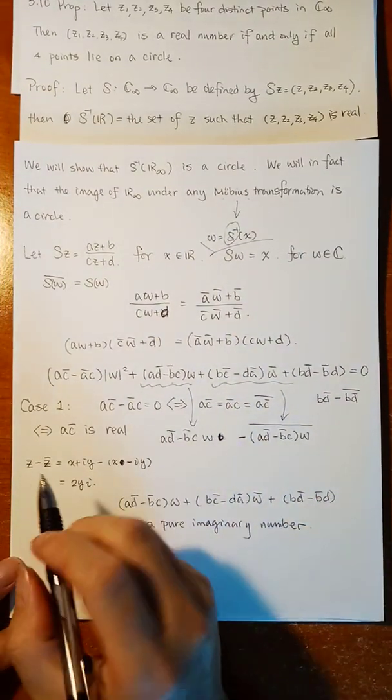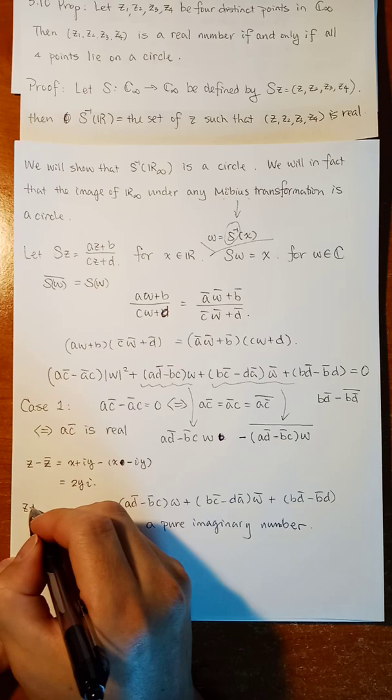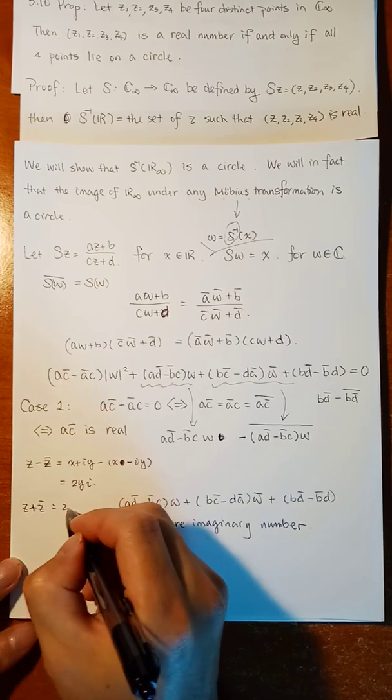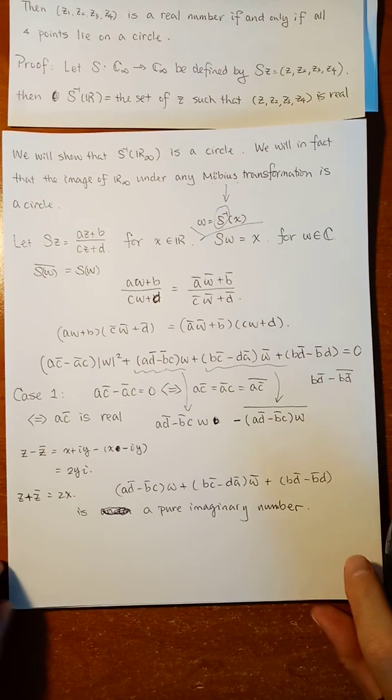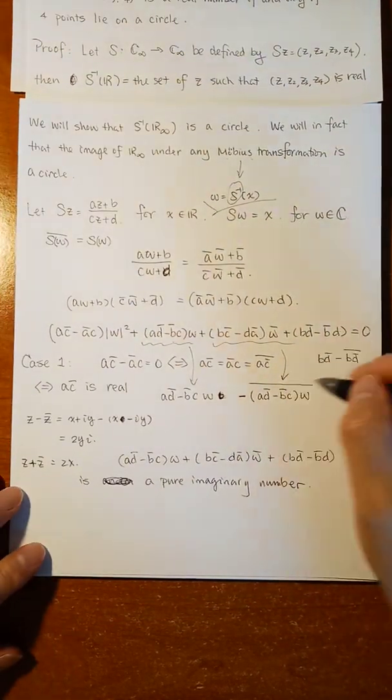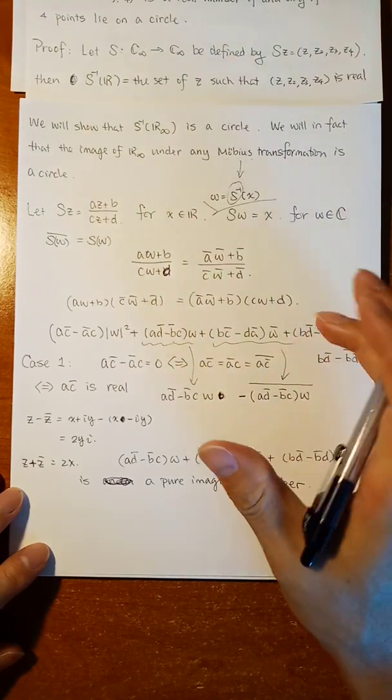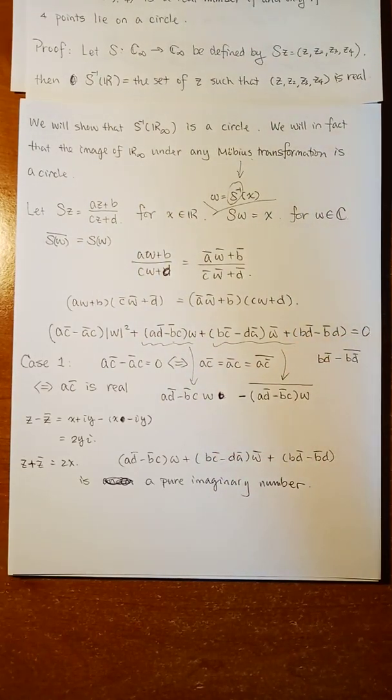You add Z with Z bar, you get a real number. You do the subtraction between Z and Z bar, you get a pure imaginary number. And a pure imaginary number equals 0 if and only if the y is equal to 0, so we try to get the imaginary part.